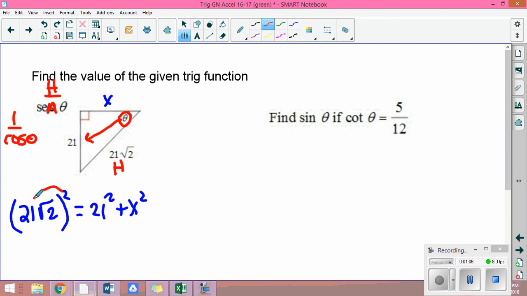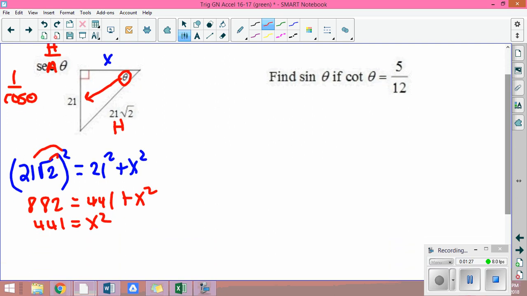Remember, this square goes on both things. When you square 21 and you square the square root of 2, you end up with 882 is equal to 441 plus x squared. When you subtract 441 from both sides, you end up with 441 is equal to x squared. And so you find out that x is 21.